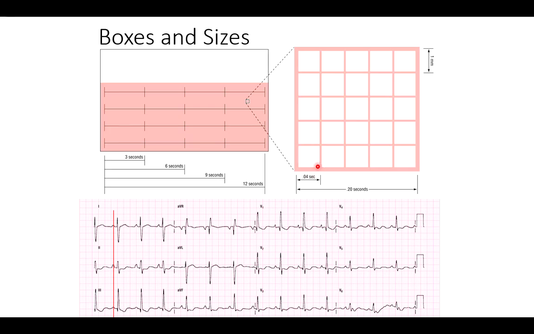So if you see some type of ECG waveform that encompasses 2 small boxes, you would say that was 0.08 seconds of time that transpired for that particular waveform. And then we would be able to look and see, if it was one big box, we'd say that lead is 5 millimeters tall. Let's see if we have an example. If we look over here, maybe we have a lead that's about 5 millimeters tall. Here we have a lead that's maybe 10, 12 or so millimeters tall.